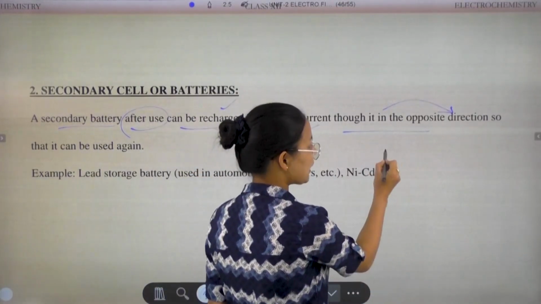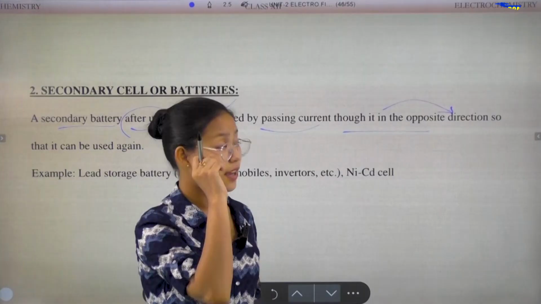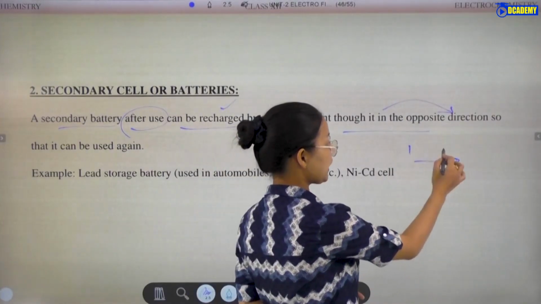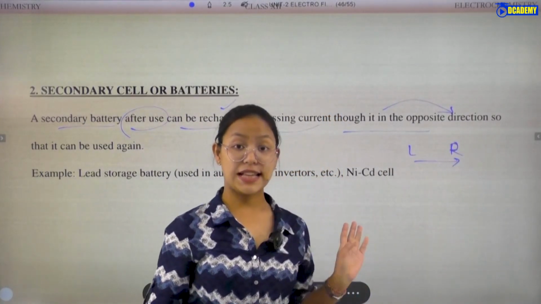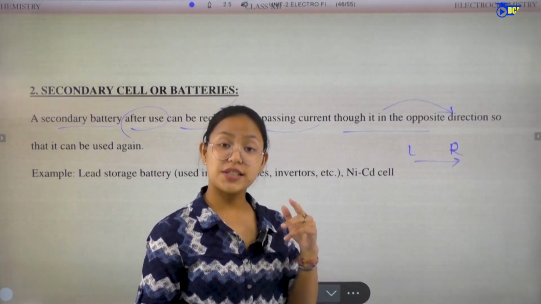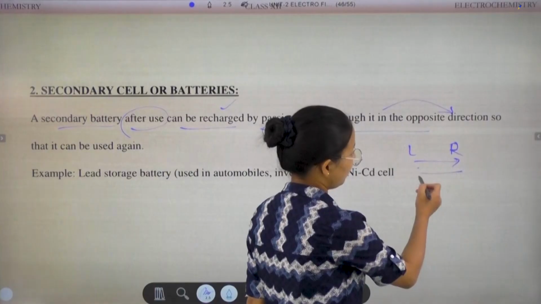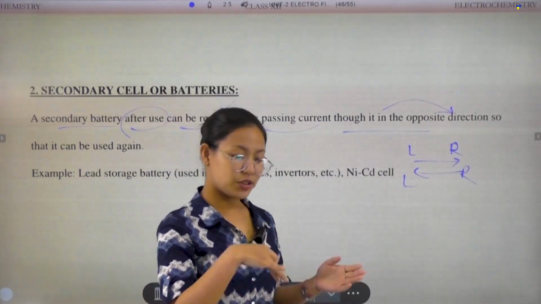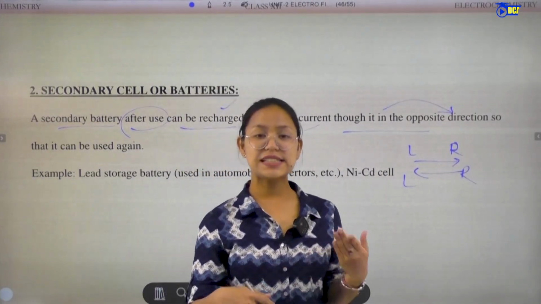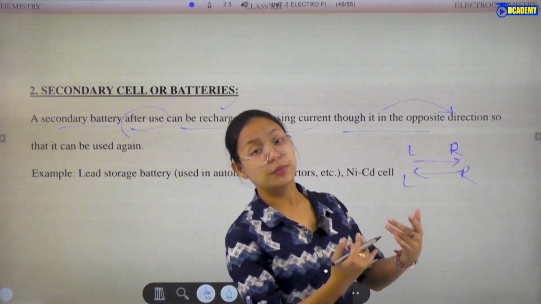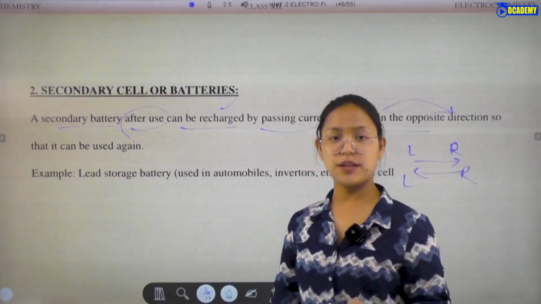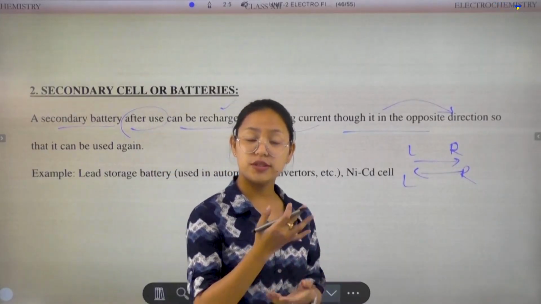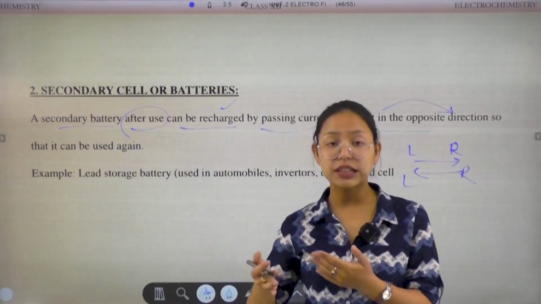For example, let's say the current in your phone flows from left to right during use. But during charging, recharge happens from right to left, in the opposite direction. So secondary cells are rechargeable.